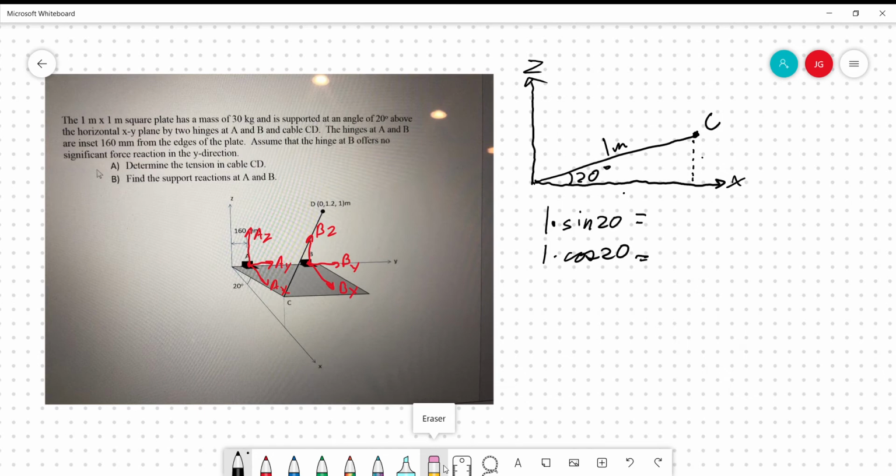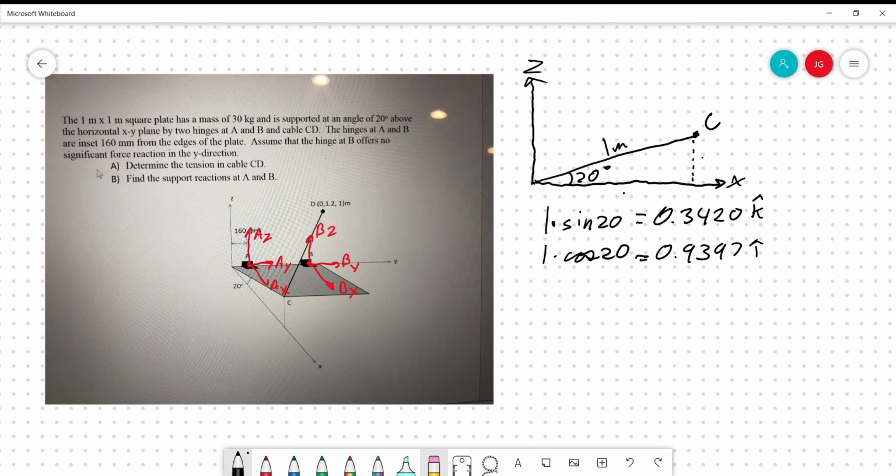Sine of 20 gets me the Z value, right? Which is going to be minus 0.342. We'll put in K hat. And then it's going to be 0.9397. That's the I hat, right?